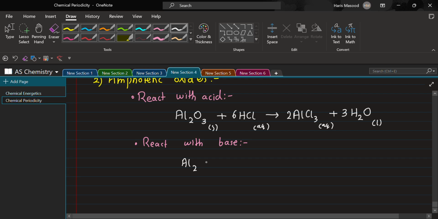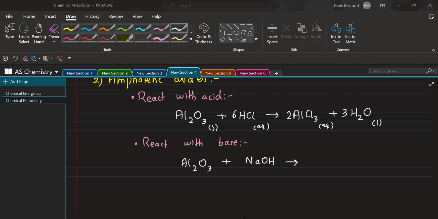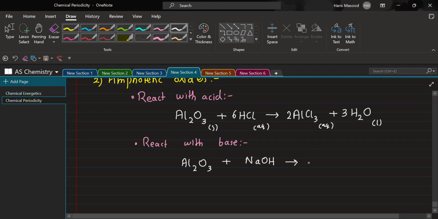Then for the reaction with a base, now it will act as an acid. Base means you can say NaOH. Now it will form sodium aluminate, that is NaAl(OH)4.